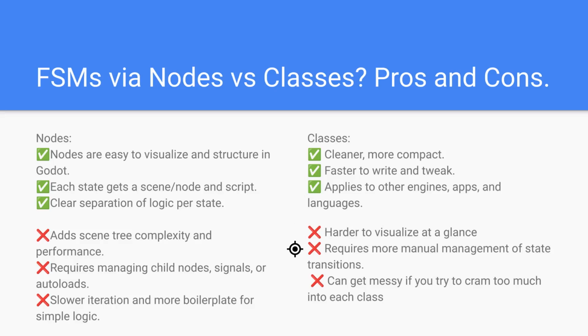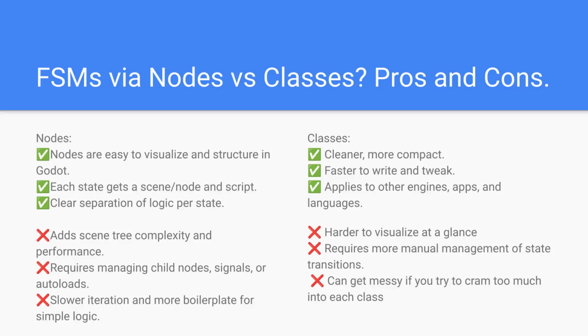It requires a bit more manual management of states, especially moving from one state to another. And if you build your classes to be too bulky, it can definitely get a little bit messy, which is also true for nodes. So just keep things simple, keep things focused, keep each state responsible for really one or two, preferably one, specific thing.